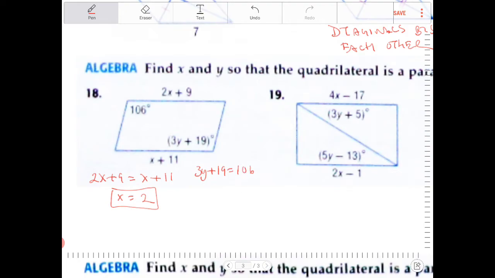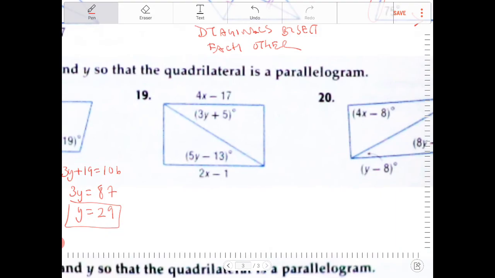Subtract 19 from both sides, we get 3y is equal to, what is that equal to? 97? No, 87, right? 87. And divide by 3, we get 29.